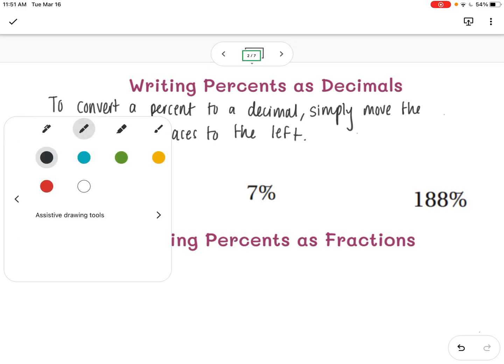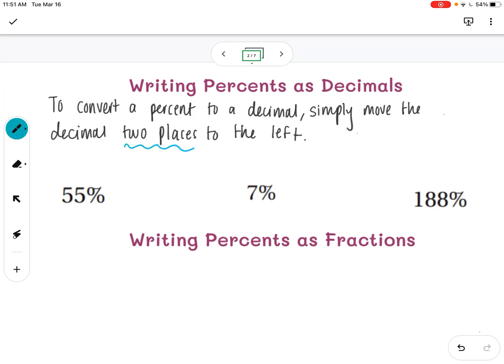All right, I'm going to highlight that little part because that's really important. So make sure you have this written down. So when you're writing a percent as a decimal, all you have to do is simply move the decimal two places to the left, and then your percent is converted to a decimal.